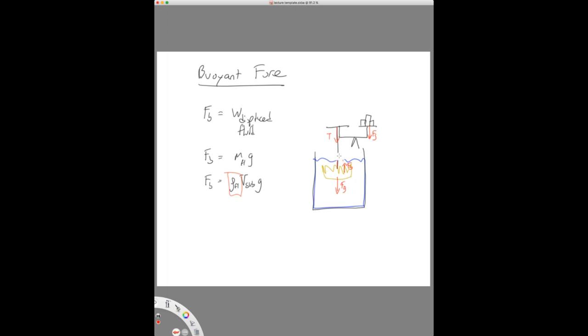And so the tension is going to go down. And when the tension goes down, the force of gravity that we need up here goes down. Maybe we only need two weights.